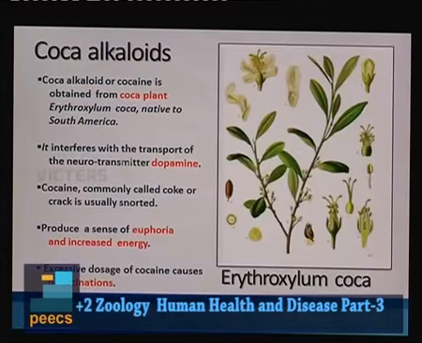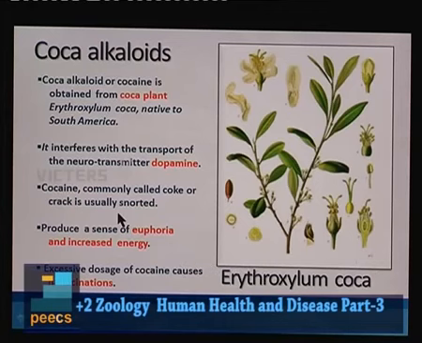Another type of drug is coca alkaloid. An example is cocaine, which is obtained from the coca plant or Erythroxylon coca. Here you can see the diagram of Erythroxylon coca. This cocaine interferes with a neurotransmitter called dopamine.